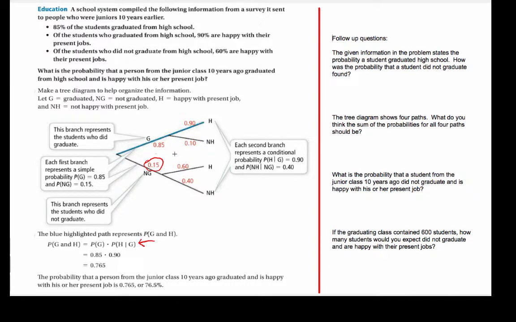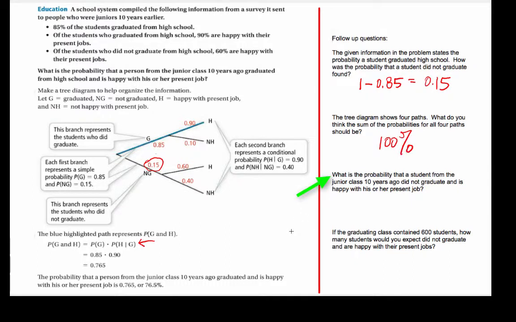But if 85% did graduate, then whatever is left did not graduate. So what we really do is take 1 minus 0.85, and that tells us how many did not graduate. Remember that we call that a complement. If you have the probability of something happening, 0.85, the probability of that something not happening is 1 minus that, and you get 0.15.